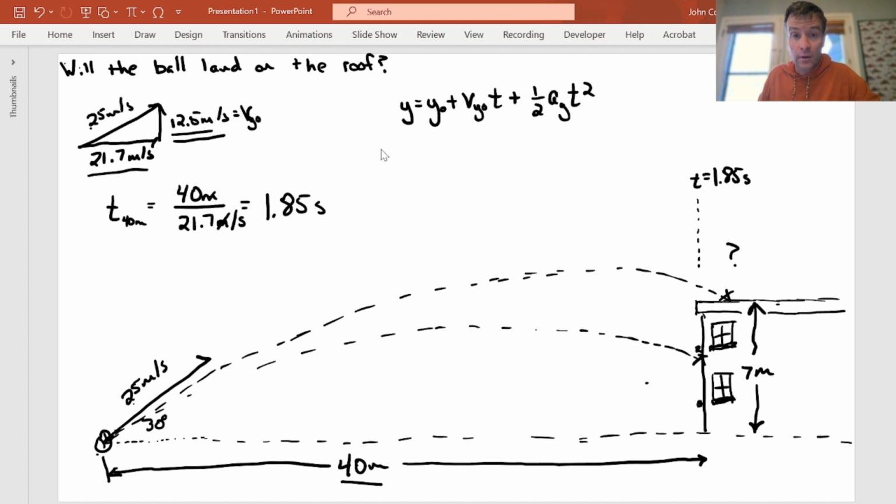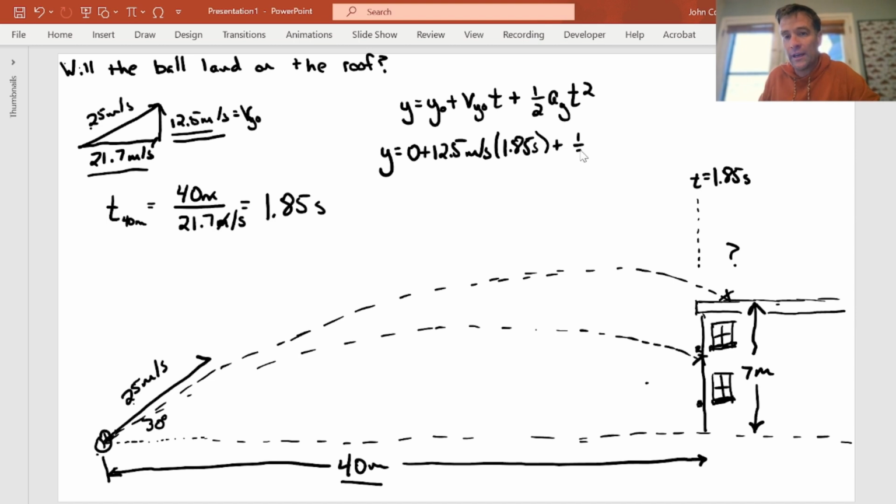So plugging in, we have y is equal to, and the initial vertical position is 0, and the initial vertical velocity is 12.5 meters per second. The time is 1.85 seconds. You can use your exact value.